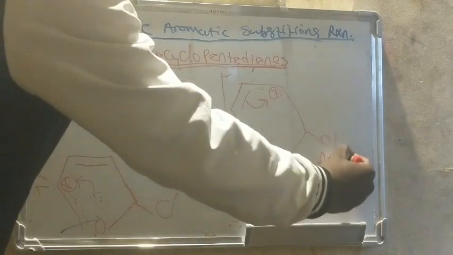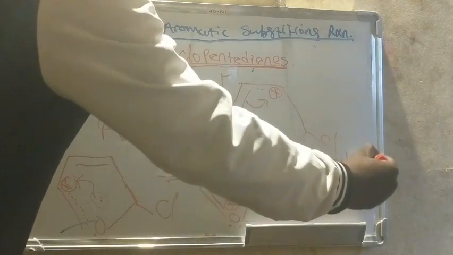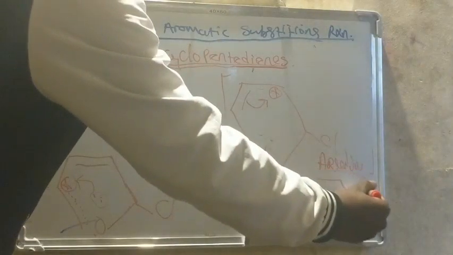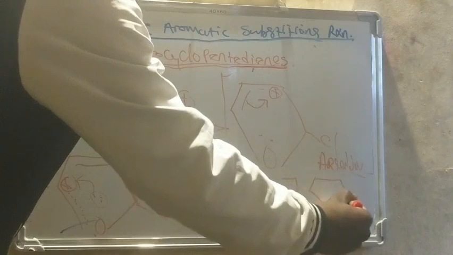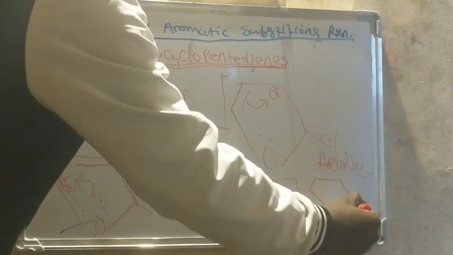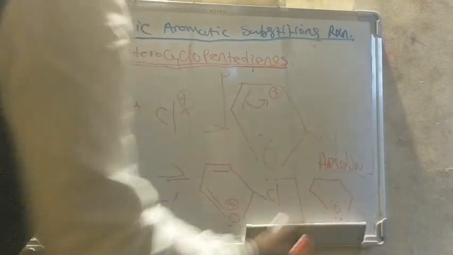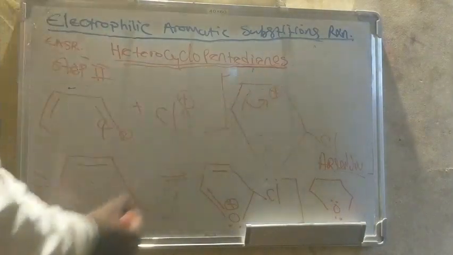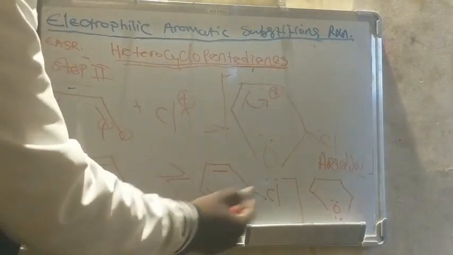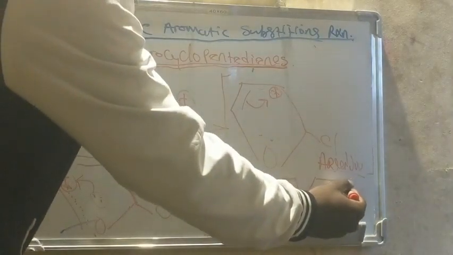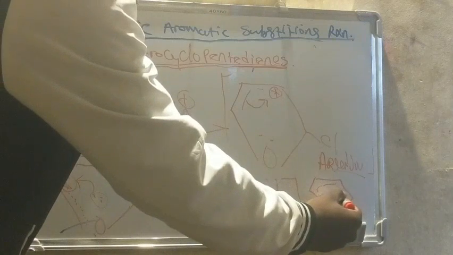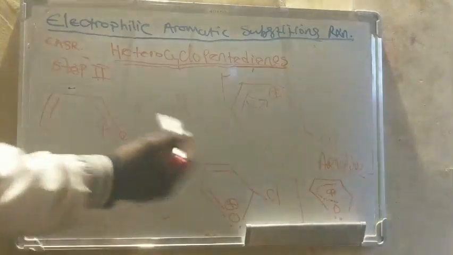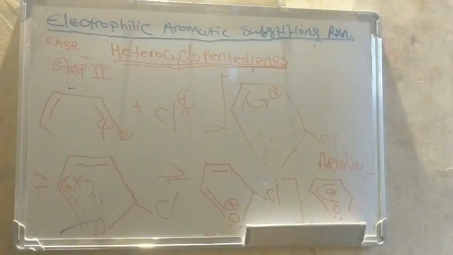So if we're looking at our arenium ion, in case we've been asked to present an arenium ion, we look at the migration of the positive charge within the ring. So the positive charge moved from this carbon to this carbon and this carbon, so that means we have resonance coming in this direction. Okay, so this is a positive charge. That is our resonance, ladies and gentlemen.